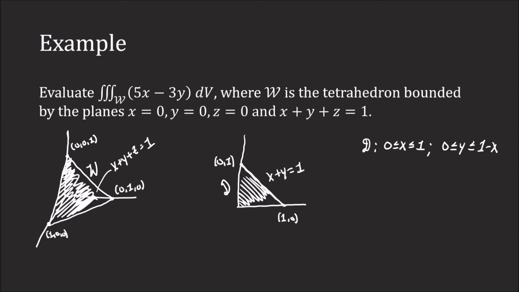Right, so then W is 0 less than or equal to x less than or equal to 1. It's the same as the projection, except now we have 0 less than or equal to z, which is less than or equal to 1 minus x minus y. So we can now set up our triple integral.